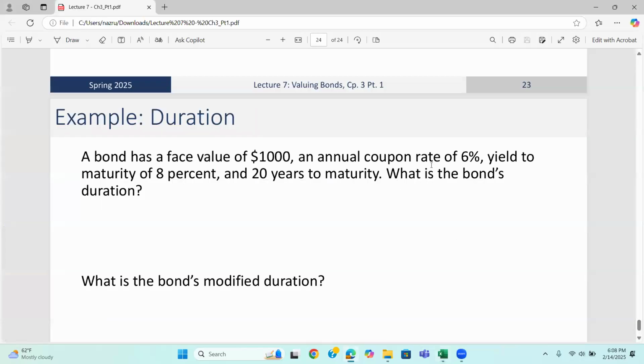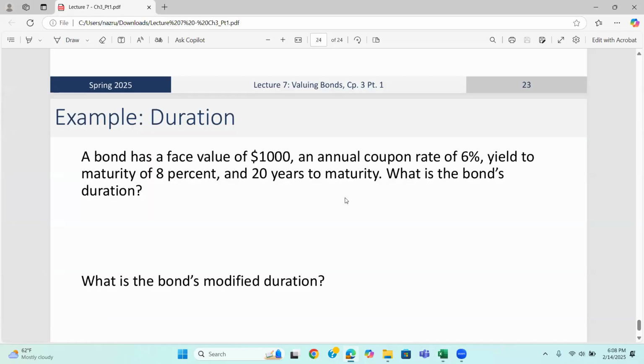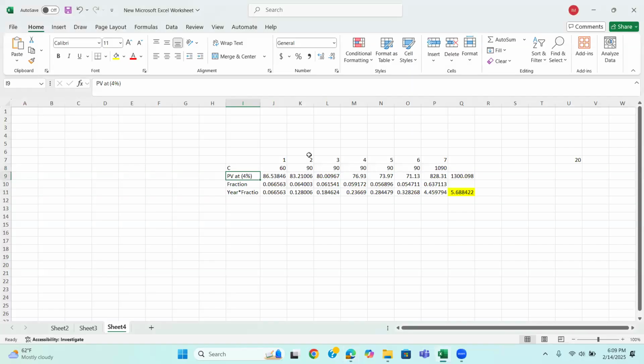Okay. And the coupon rate is 6%. So I have done that. And the yield to maturity is 8%. So our interest rate should be 8% here instead of 4. And what's the bond duration? So everything remains the same. You just start with the 60, and then you discount this 60 with the 8%, so divide it by 1.08 for each of the years.